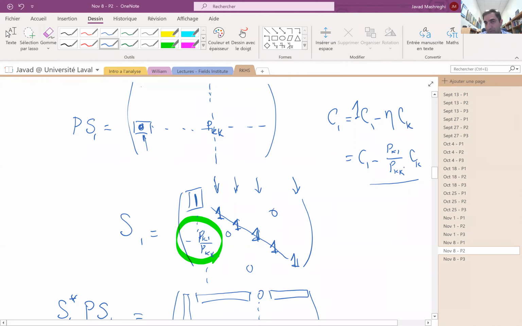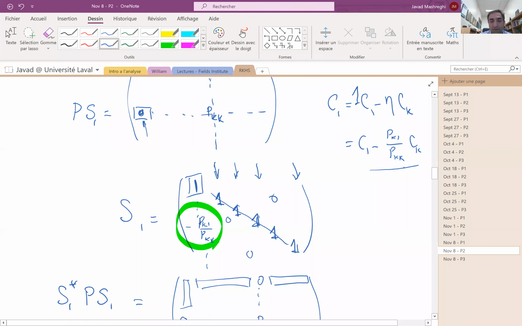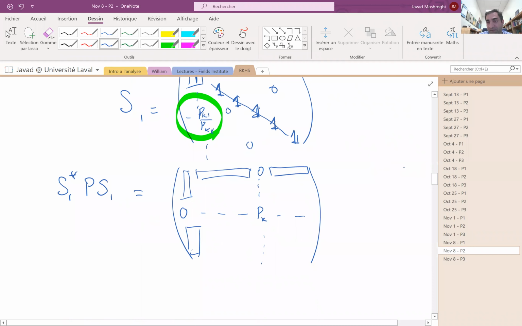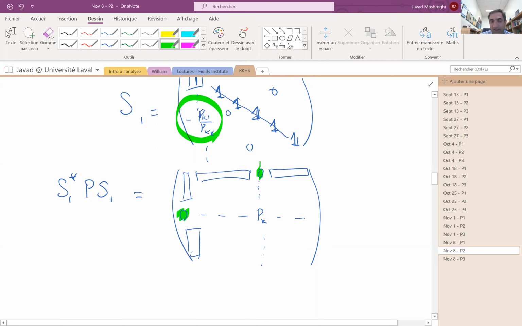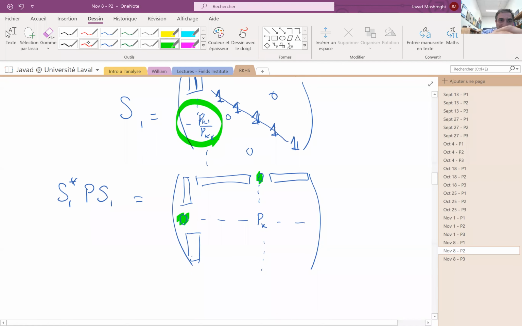Row 1 would be the same as row 1 minus another constant times row k. Everything else is remaining the same. So it's just an operation. S1 star times P times S1 is an operation that we do on P. And we do this operation just to obtain a 0 here and a 0 there. If you ask, what are these new elements here?